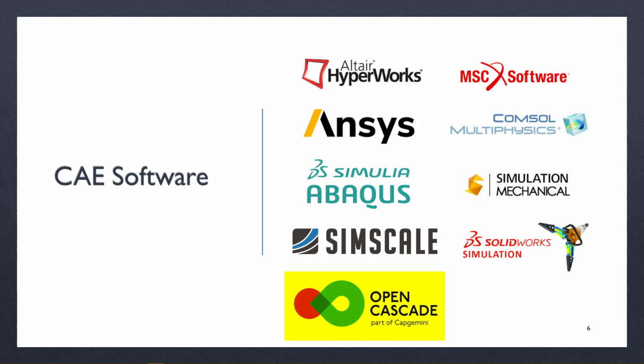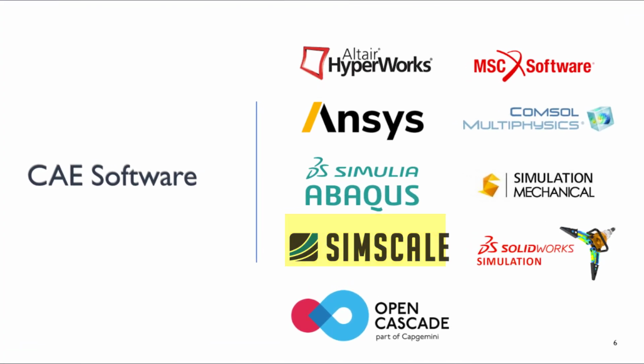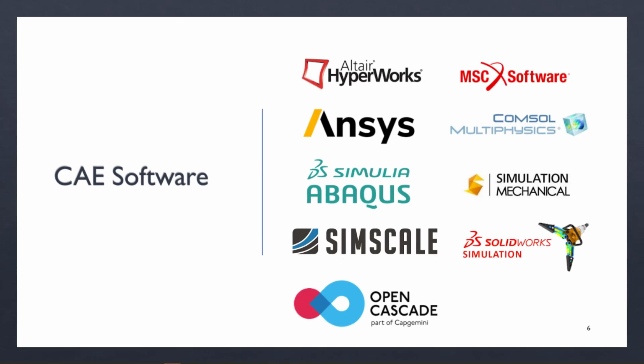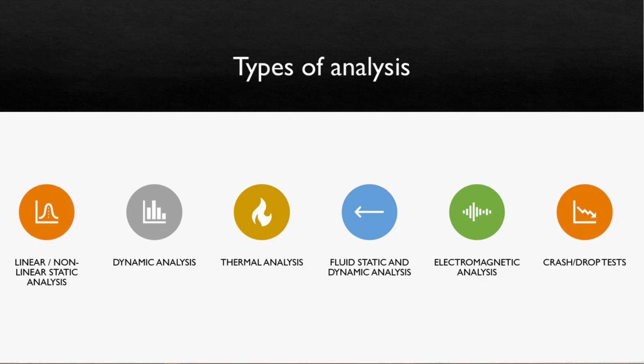But we need customization in order for it to work properly with our own needs. Another software that leverages cloud computing is SimScale, which is a fully cloud simulation software. In our course, we are going to use CATIA's generative shape design.